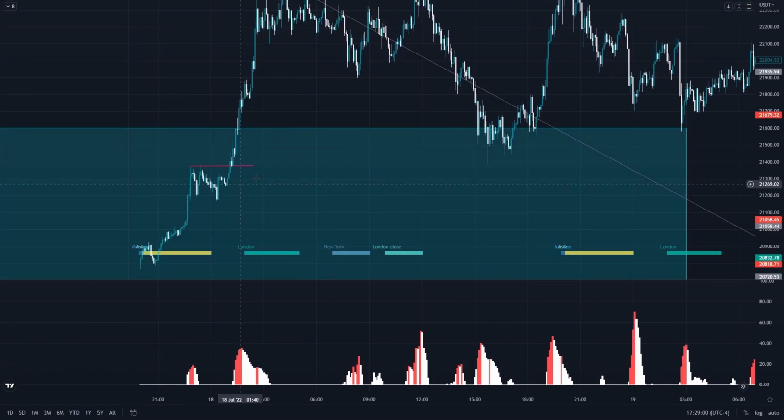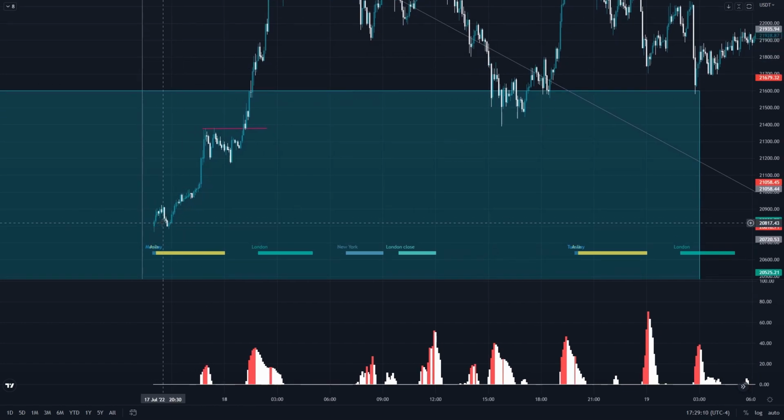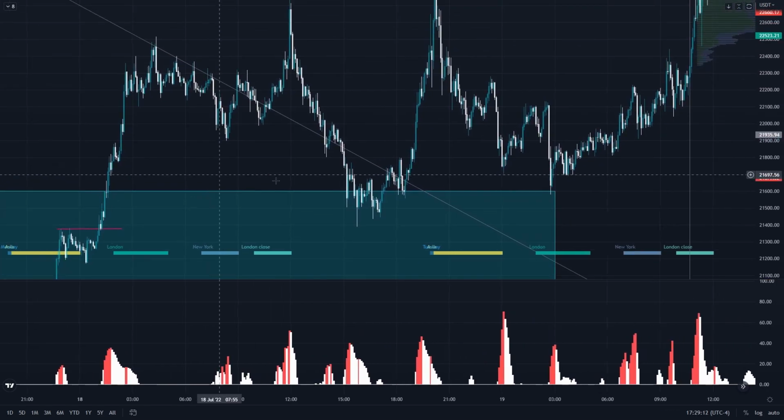And even these smaller examples, it doesn't make much sense here, but this is technically still an Asia high. It is an Asia high and it got taken out, and Asia direction is clearly up. So let's see what London close did. Yeah, so again, it's not written in stone. You will have these outliers where the direction of London close, you could argue that it did go down before going up or whatever, but you will have outliers.